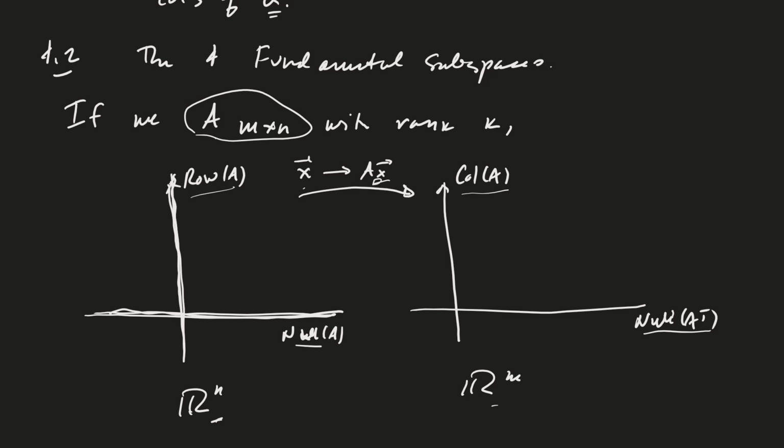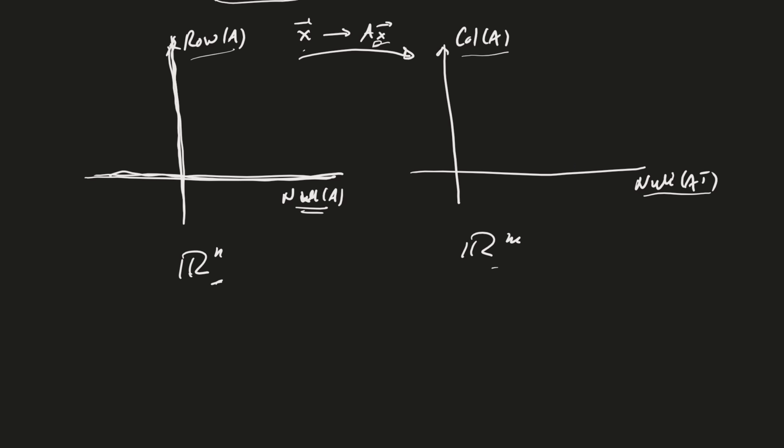All right, the null space of A is the only one that we probably make sure we write down. The null space of A is the set of x such that A times x equals the zero vector. Okay, so it's all the vectors in Rn that get mapped to the zero vector in Rm. Good. And so we know how to solve for that. Excellent. So those are the four subspaces.